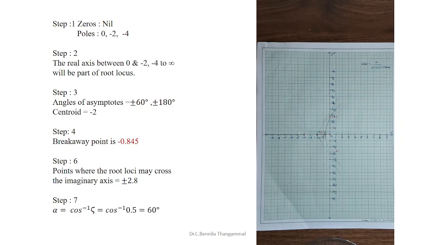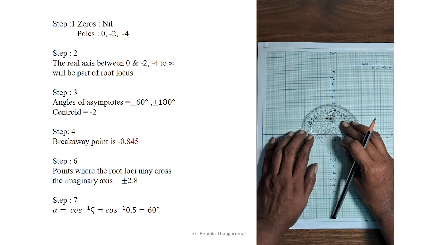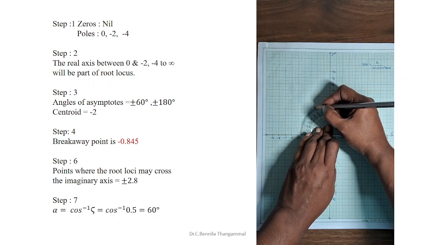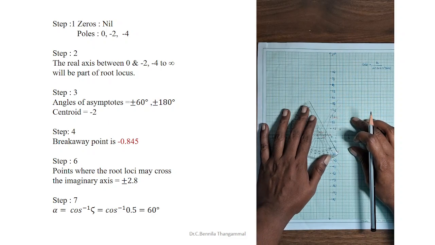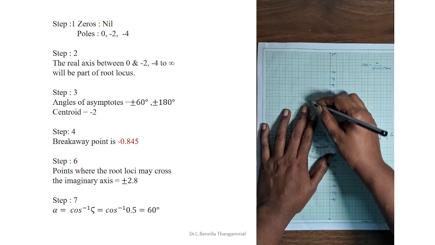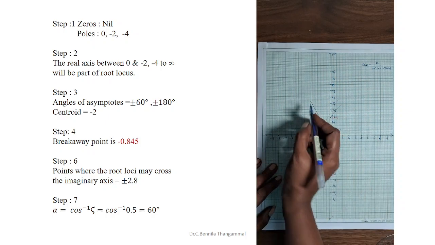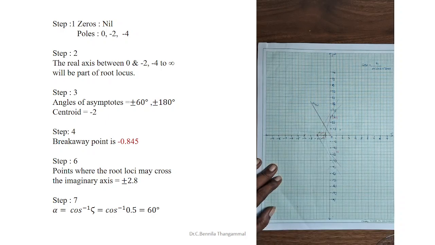So at the point 0 as your reference, draw the 60 degree line here and join this line. I am just joining the center point to this one. This is the line, the alpha angle for the damping ratio 0.5. This is going to be your 60 degree here.